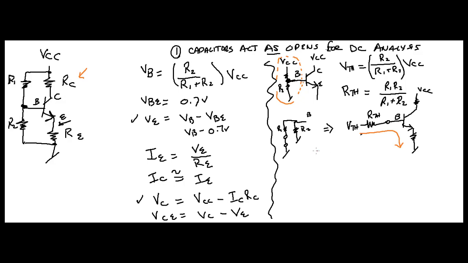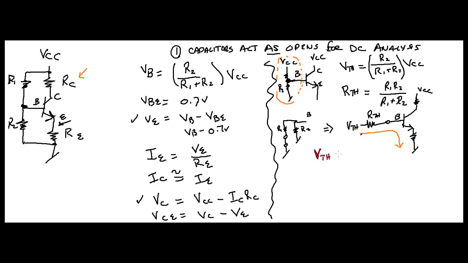You're going to start off with V Thevenin. We're just using Kirchhoff's law, which basically states that if you're starting at a voltage, all these voltage drops have to sum up to this voltage, which means it's 0, right? So the sum of all your voltages has to equal 0. That's what Kirchhoff's law is.